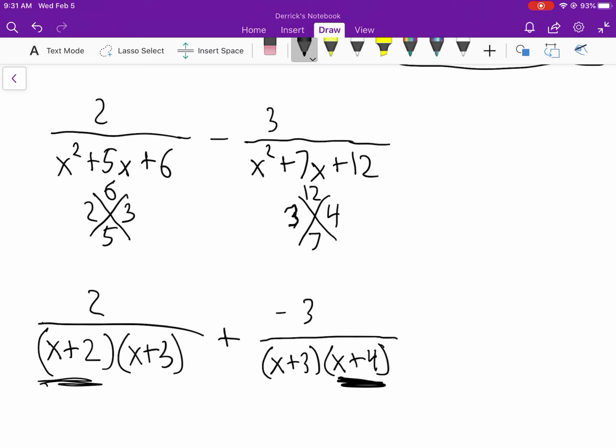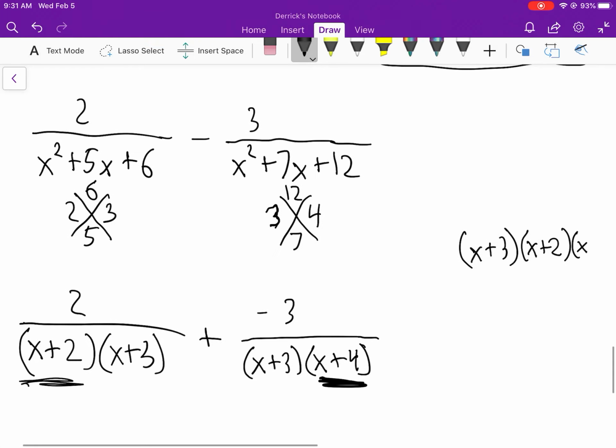If I want to find a common denominator so I can combine these, I know x plus 3 is part of that common denominator, but they already have that in common, that's fine. What I need is for both fractions to have x plus 2 and x plus 4. Those are the two things that I have to care about in this case.